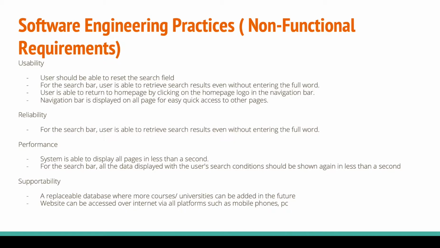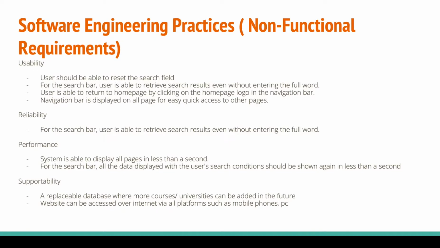Next, in terms of reliability, like mentioned before, the search bar is very reliable. User does not have to enter the full word. They are easily able to enter just a part of the word and get the results for that particular keyword. In terms of performance, the system is able to display and load all the pages with its data in less than a second.